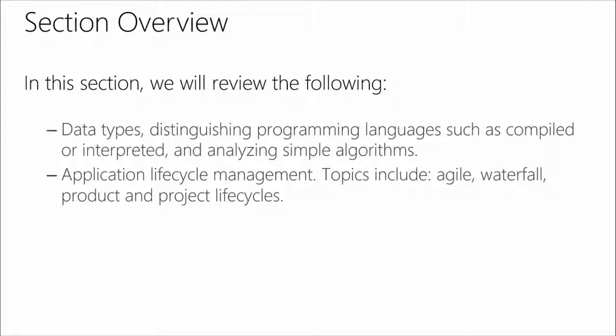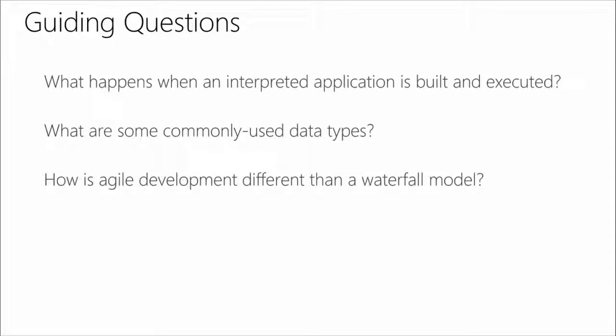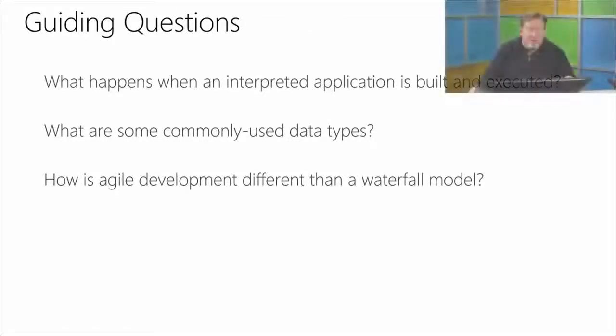We'll talk about agile, waterfall, product, and project lifecycles. So, again, guiding questions. What happens when an interpreted application is built and executed? What are some of the most commonly used data types? And then how is agile development different from the waterfall model?